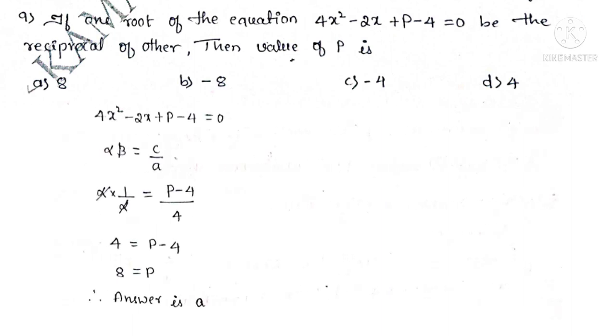Here consider the product of roots formula, that is alpha into beta is equal to c by a. Here they said that one root is reciprocal of the other, therefore alpha into 1 by alpha is equal to p minus 4 by 4. So alpha, alpha gets cancelled. On cross multiplication we will get 4 is equal to p minus 4. Now p is equal to 8. Therefore the answer A is correct.